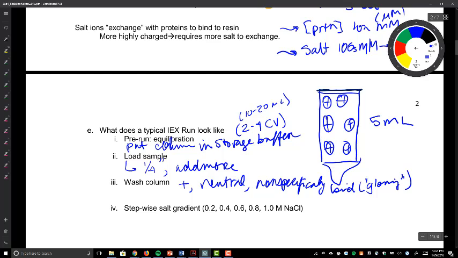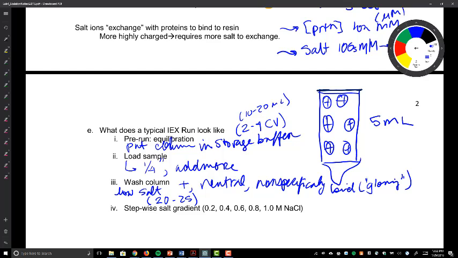This is done with a low salt concentration, and this will take approximately 20 to 25 mils.